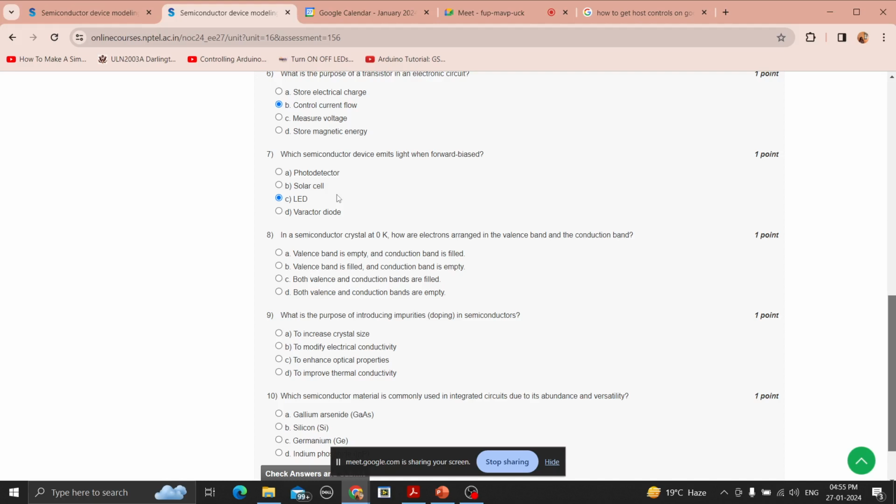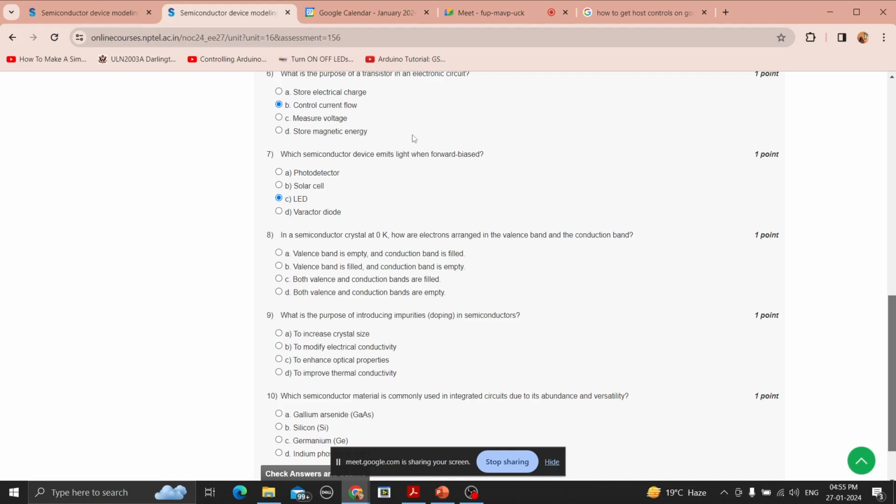The light that will be emitted will have energy equal to the band gap, right? That is why we want a suitable material.